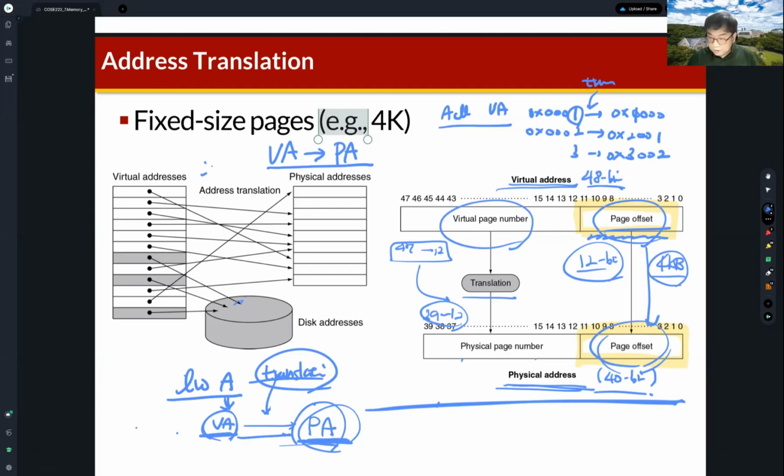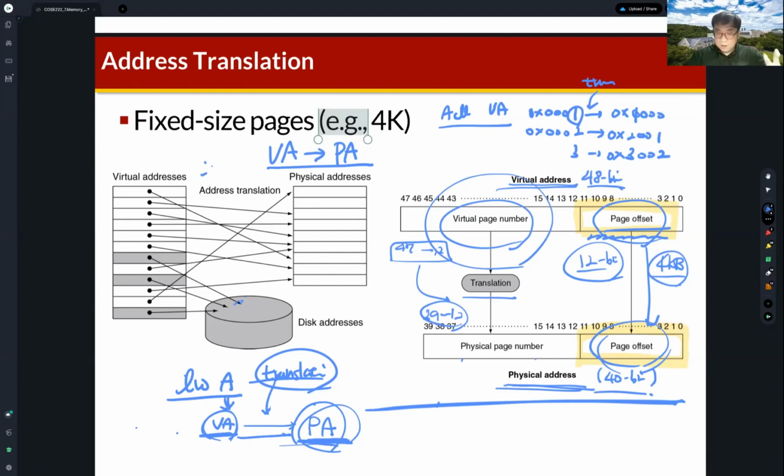So when a virtual address is translated into the physical address, we just translate a 4 kilobyte data chunk. Okay, we do not do byte by byte translation. We just translate the upper part of the virtual address.